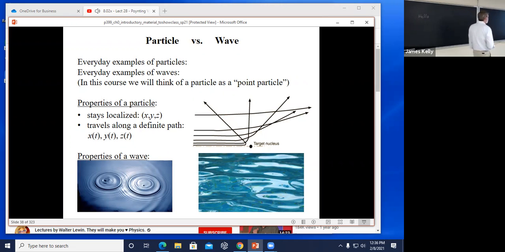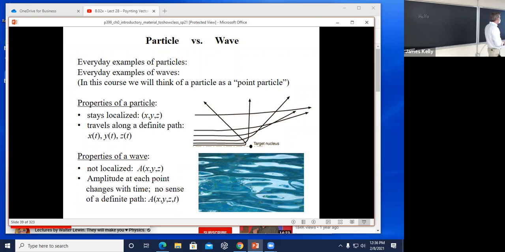What are the properties of waves that make them distinct from particles? I'm picturing some water waves, surface water waves. They're not localized at all. If I say I'm thinking of a wave, this wave is spread all over the surface of this pool. I can't say where the wave is. It's kind of everywhere, at least as far as the medium extends.